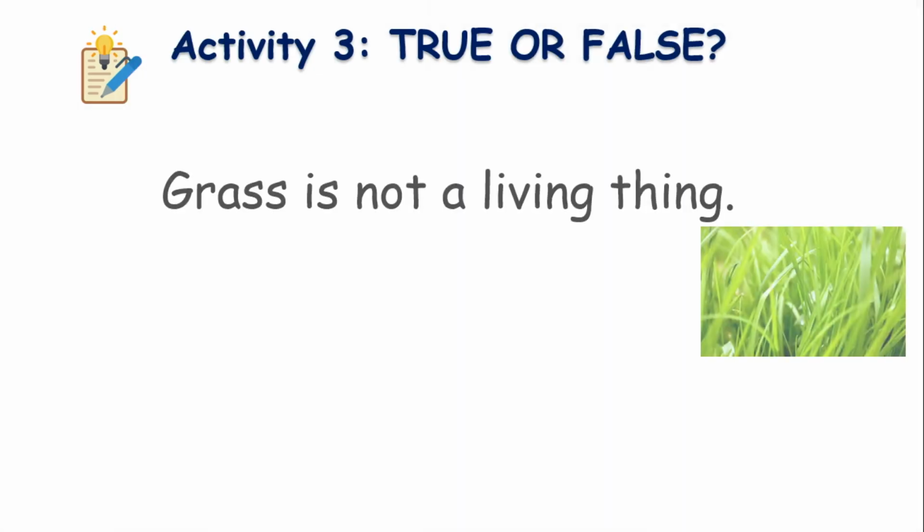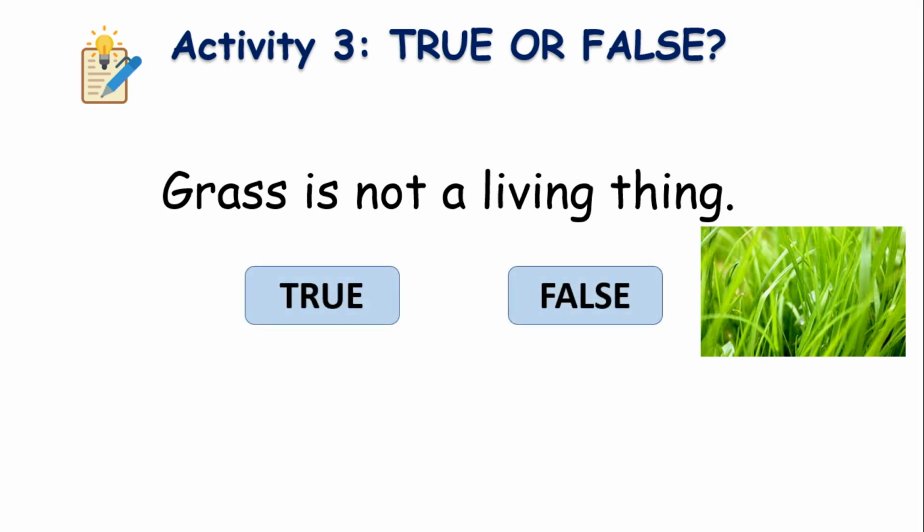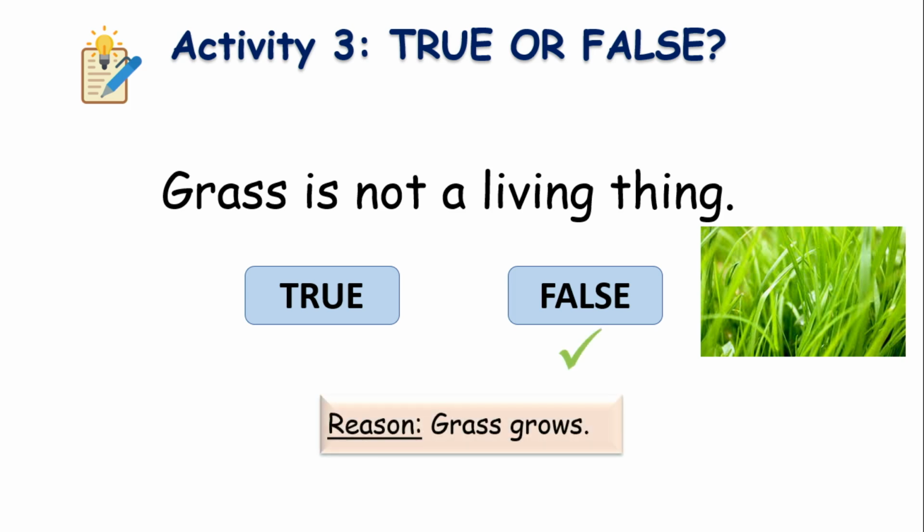Second one, grass is not a living thing. Do you think it is true or false? Very good. It is false. Grass grows and hence it is a living thing.